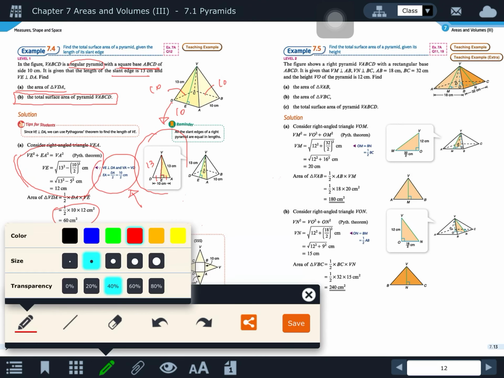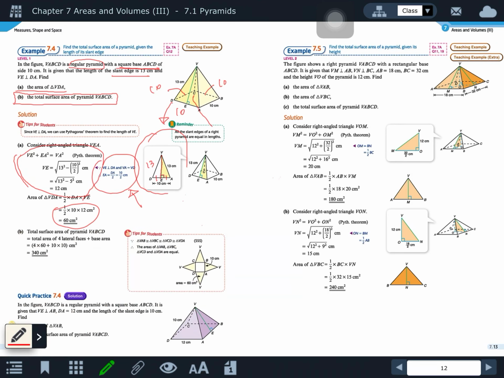Which 5 faces are these? The first one is this. The second one is VCD. The third one is VBC. The fourth one is VBA. And the base is the fifth. So we're adding up these 5 faces.